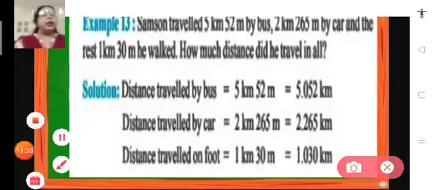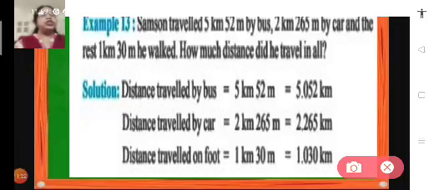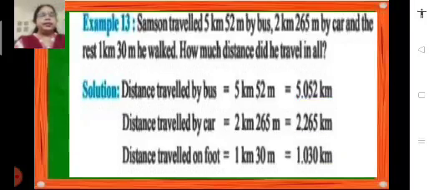Distance travelled by bus is 5 kilometers 52 meters, means 5.052 kilometers. Distance travelled by car is 2.265 kilometers. And distance travelled on foot is 1 kilometer 30 meters, that means 1.030 kilometers.